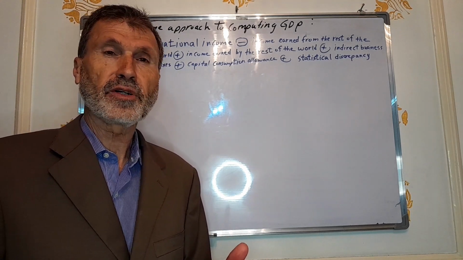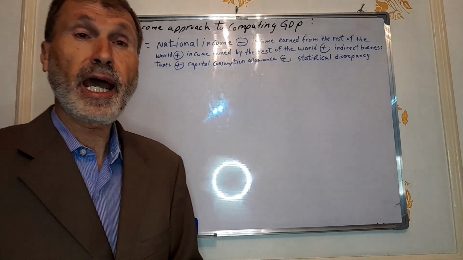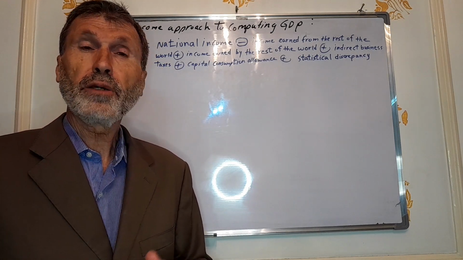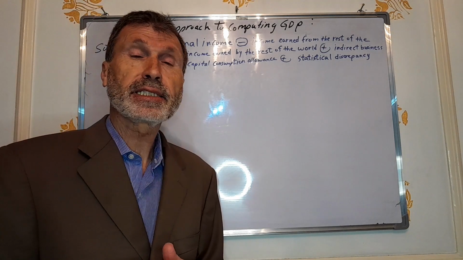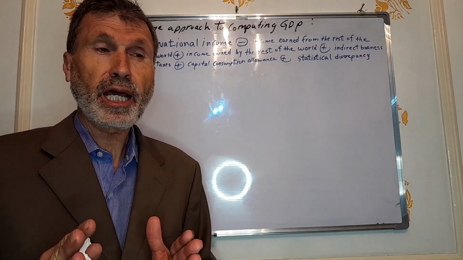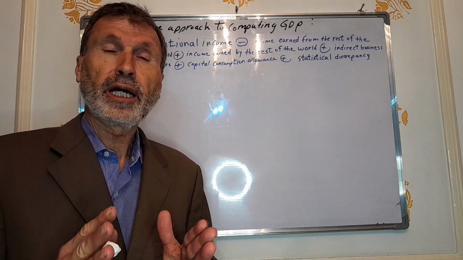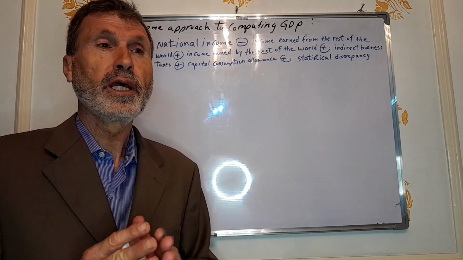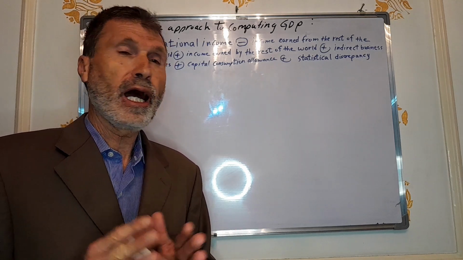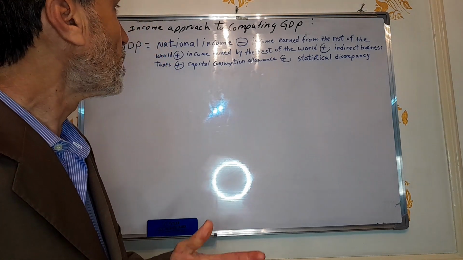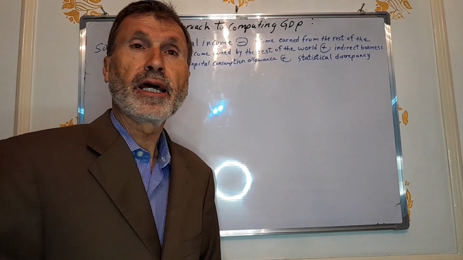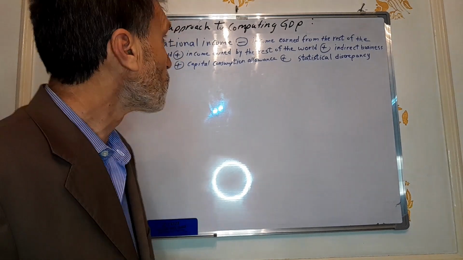Sales taxes are the taxes that we pay when we buy most goods. Excise taxes are taxes on special or certain goods such as fuel, tobacco, alcohol. So we pay excise taxes on those. And property taxes are the taxes that are paid on property.